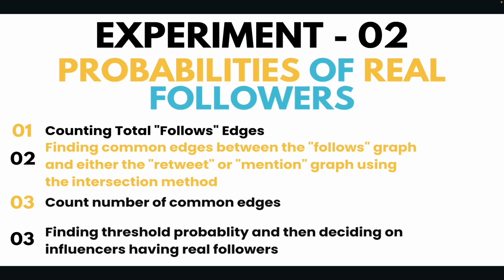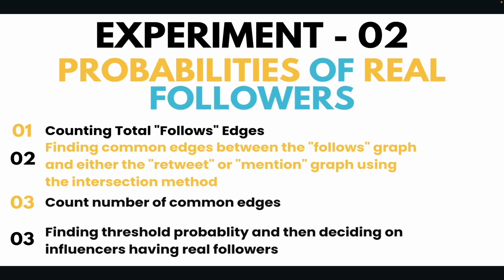So I calculated a threshold probability, a percentage: of the persons who follow one person, if those persons are referring to that person A somewhere in their tweets or comments, that means they are real followers.